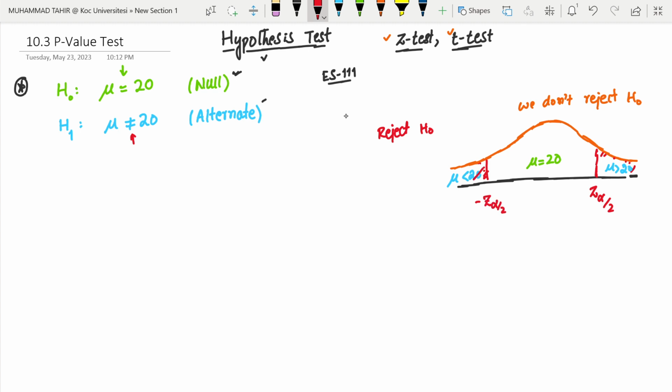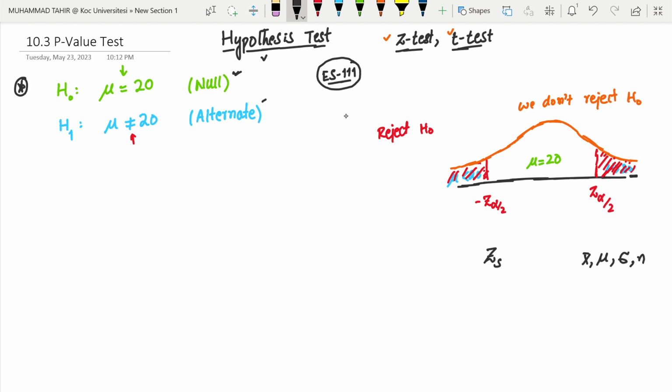And here in these two tails, we calculated the z sample value. For instance, in this example, with the sample of ES 111 students, we calculated this z from the sample mean, population mean and variance.